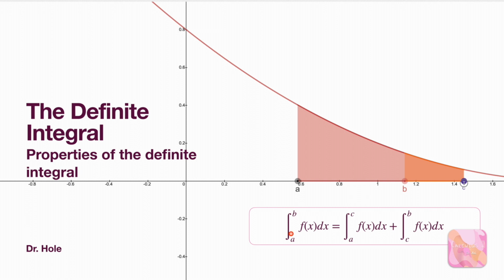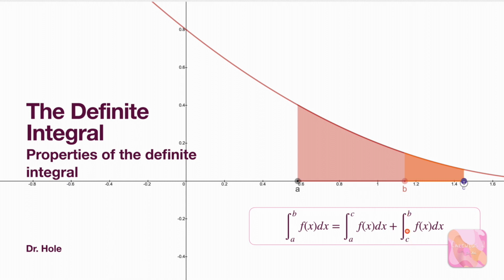On the left, the area that we want to consider is only between a and b, the lightly shaded area. Then going from a to c is producing too much area. But then from c to b, notice that the c value is larger, and it's being taken as the lower bound.